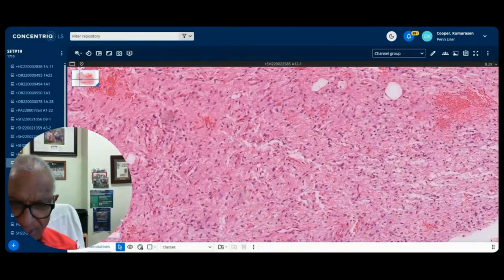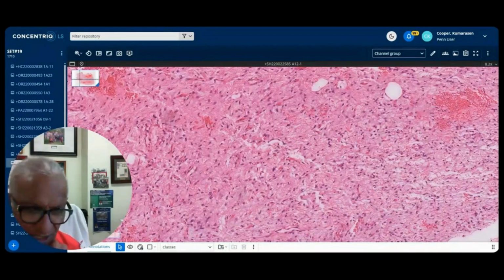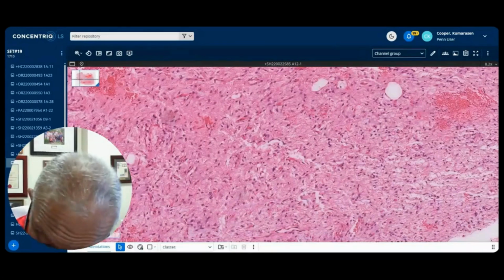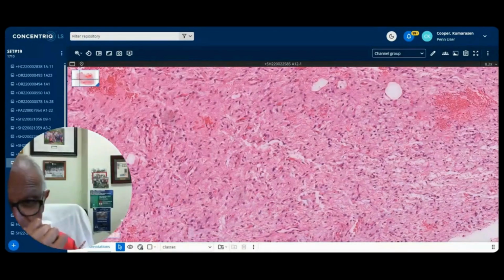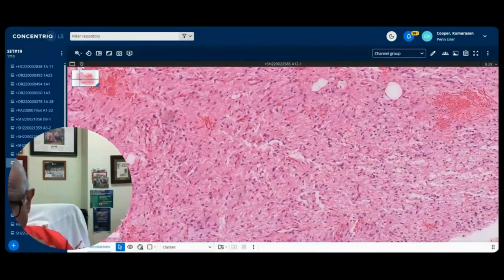That's the first point. The second point is, if you did do a DDIT here, which would be correct in doing it, it is not rearranged, it is amplified. Amplified DDIT, a gene that's amplified, is not a feature of the rearrangement of myxoid round cell liposarcoma. Okay, and that begs the question, where and how does this fit into what we're talking about?